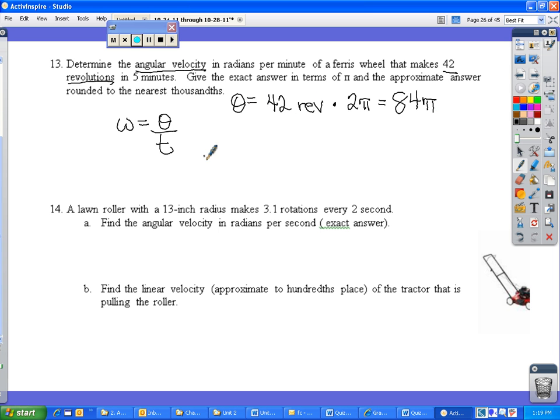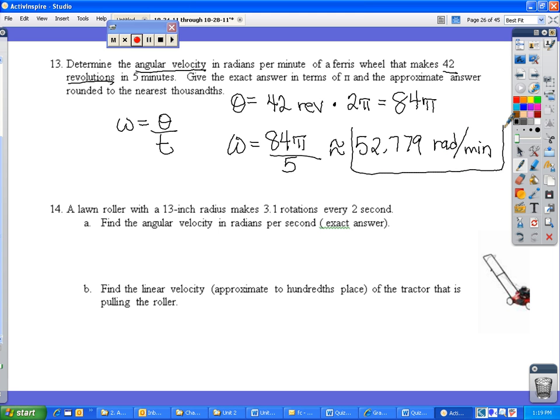And for my time, that's 5 minutes, so that's per minute. So 84 pi over 5 is going to be about 52.779 radians per minute. Please make sure that you give me those units.